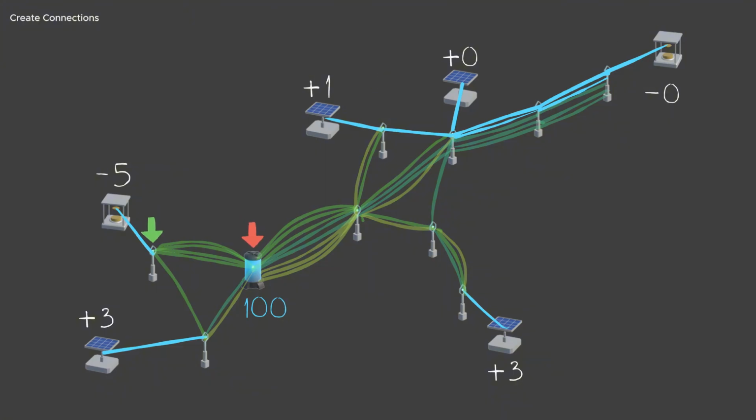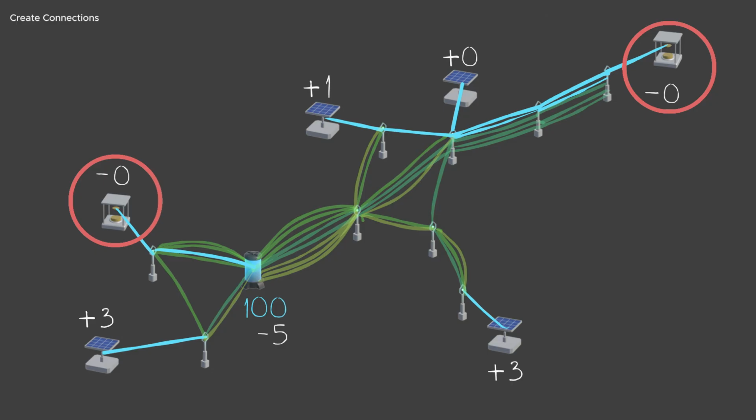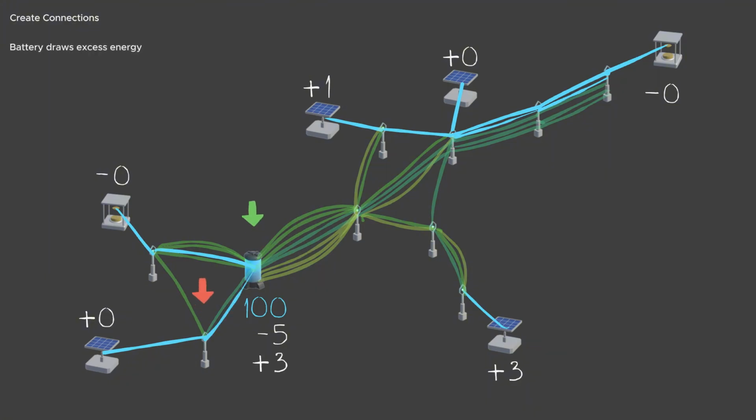When drawing energy from the battery, if its storage has enough energy to meet the endpoint's demand, we connect the battery to the endpoint and ignore other paths. Once all users are satisfied with their energy needs, we redirect any surplus energy back into the battery for storage.